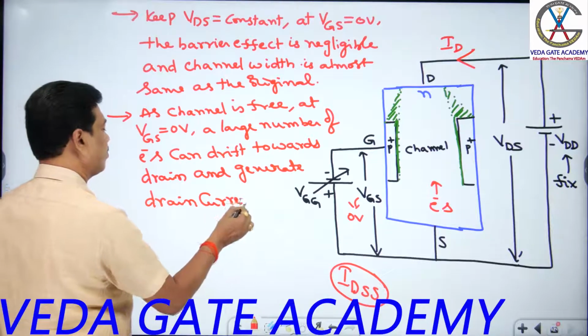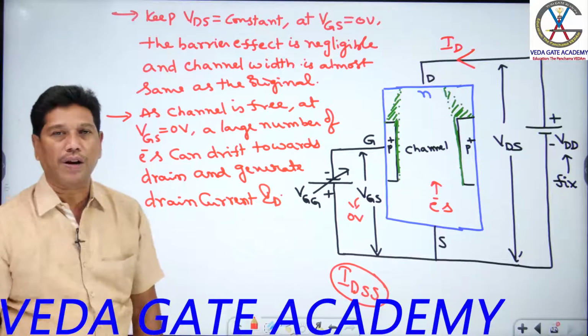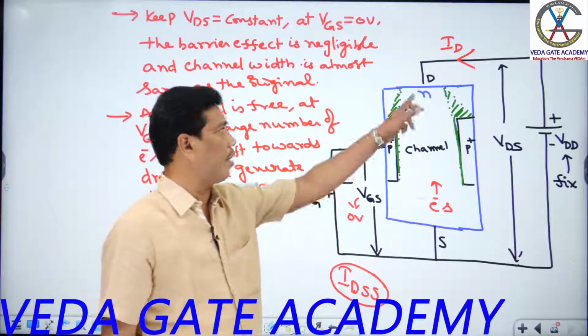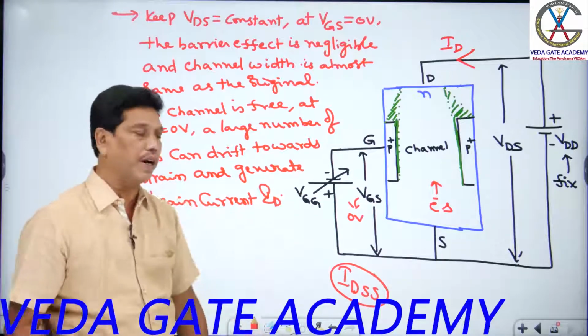Understand, students? I told you just now, at VGS equal to 0, the number of electrons drifting is maximum, so the drain current is maximum.